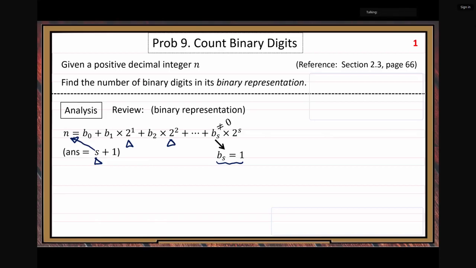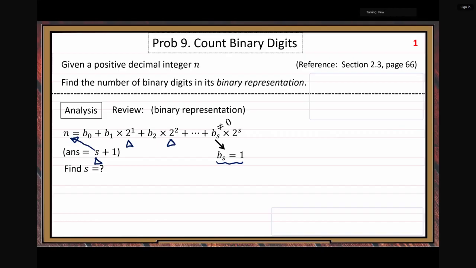You have to use the input information, not the temporary intermediate data. So the question is how to find S. If we can find S in terms of n, then we get the final solution.